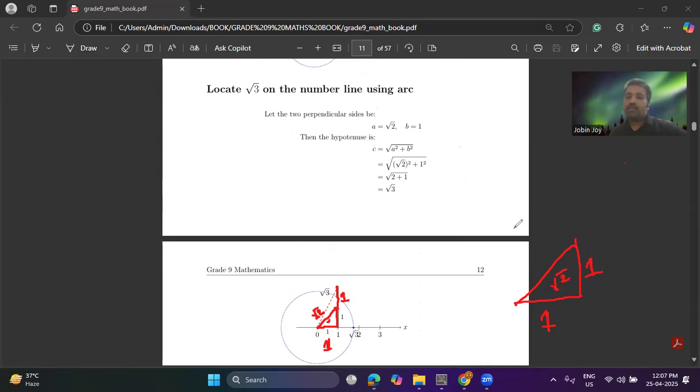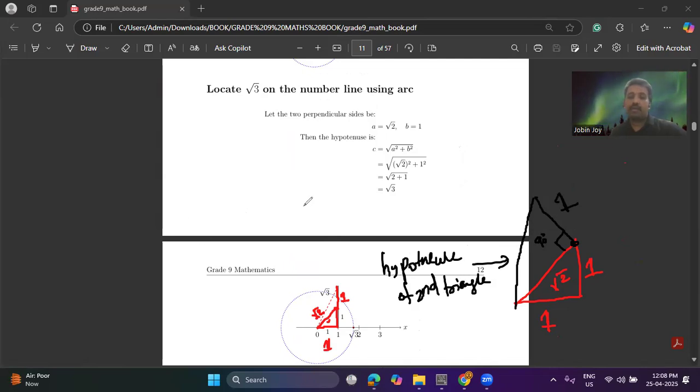Then from here I will draw another line, 1 unit. This is a right angle triangle, this angle is 90 degrees. This is the hypotenuse of the second triangle, right?